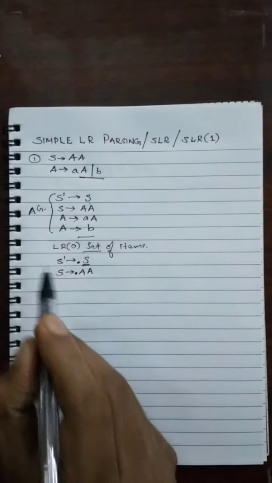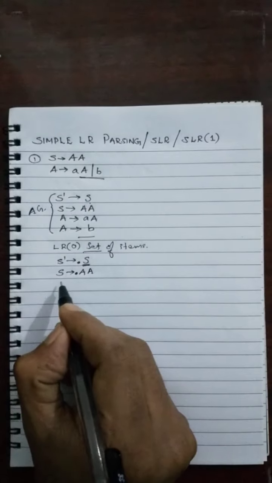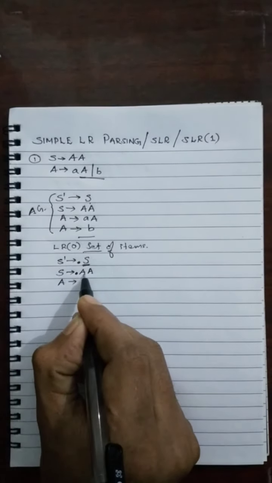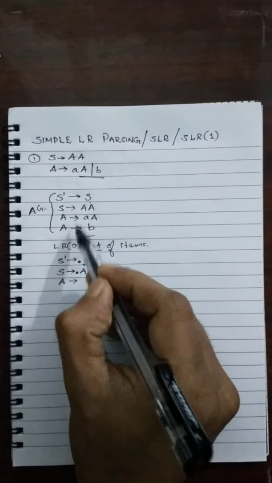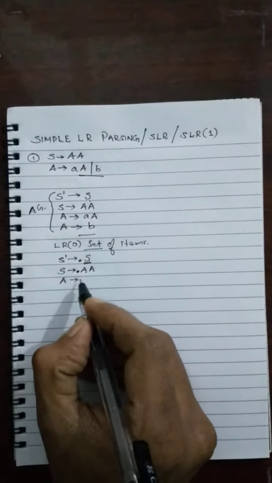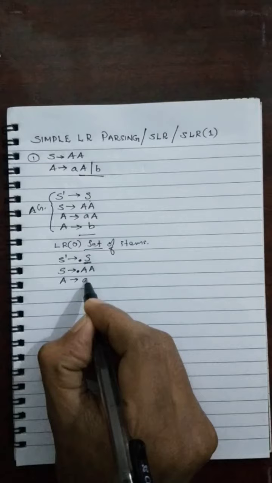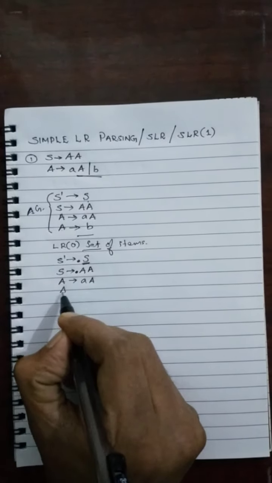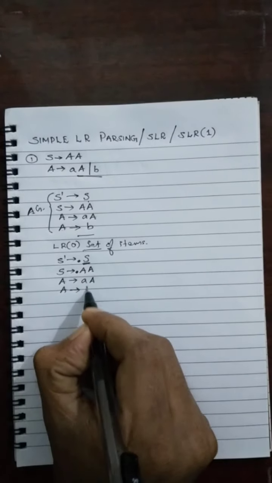This is a non-terminal, so you have to again add the productions of A from the given grammar to this set of items. You have two different productions, A producing a A and A producing b.